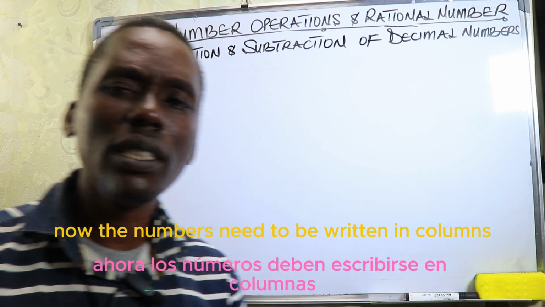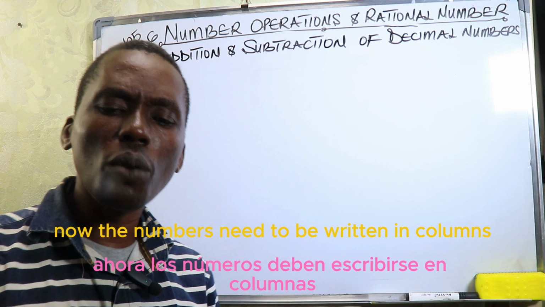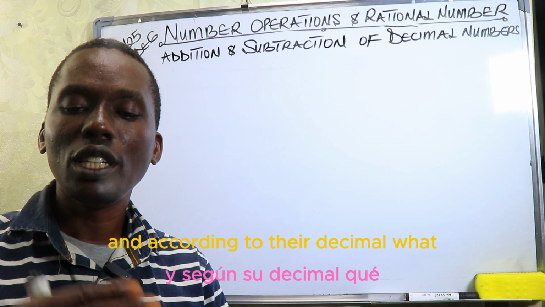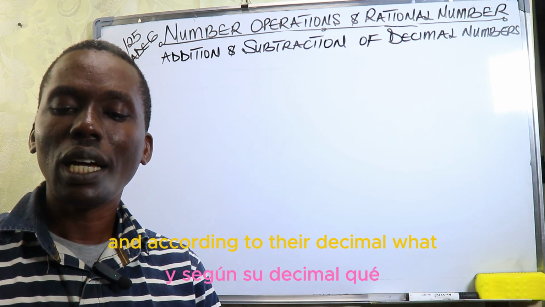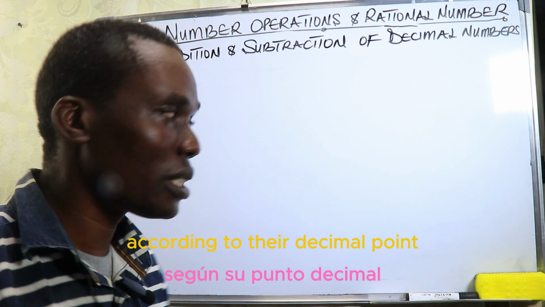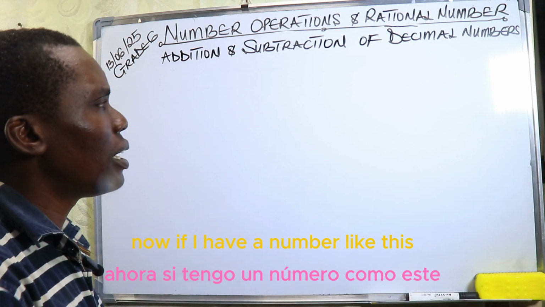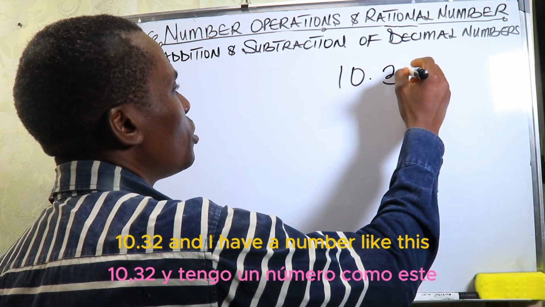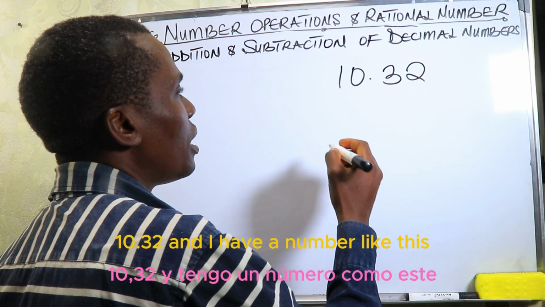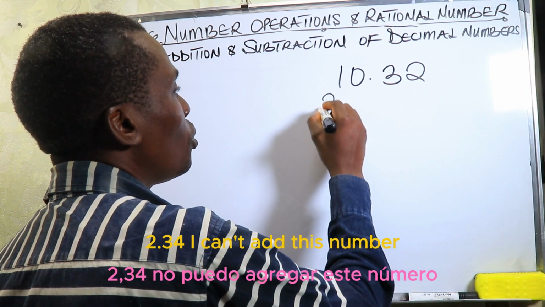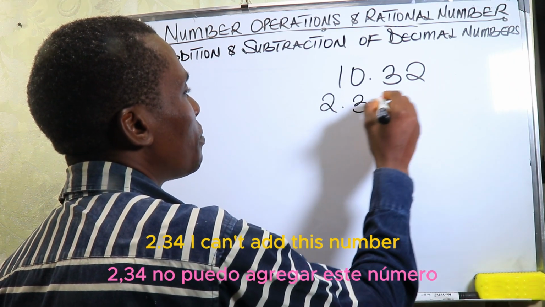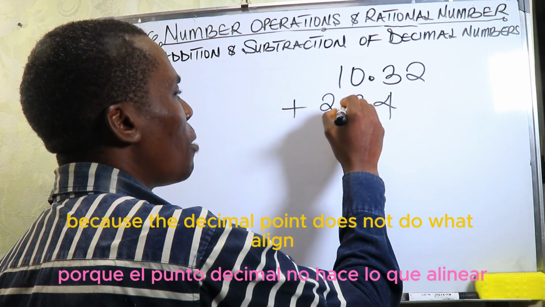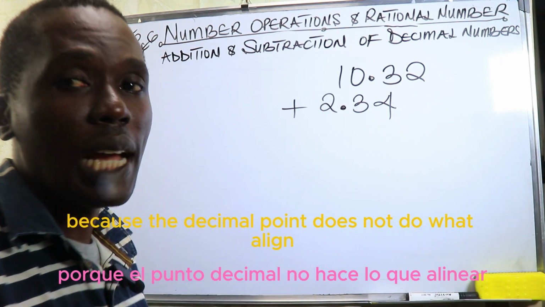Now, the numbers need to be written in columns according to their place values and according to their decimal points. Now, if I have a number like this, 10.32, and I have a number like this, 2.34, I can't add these numbers because their decimal points do not align.